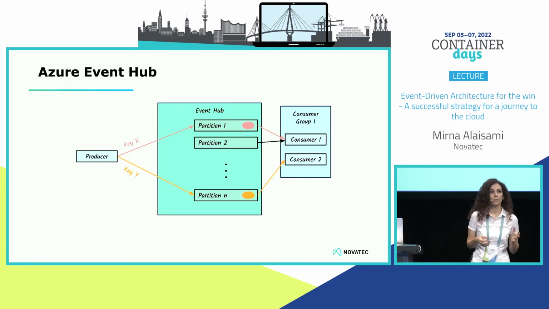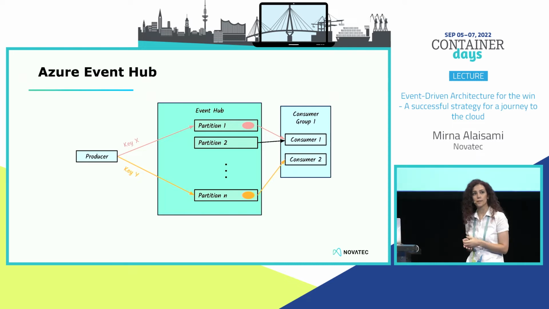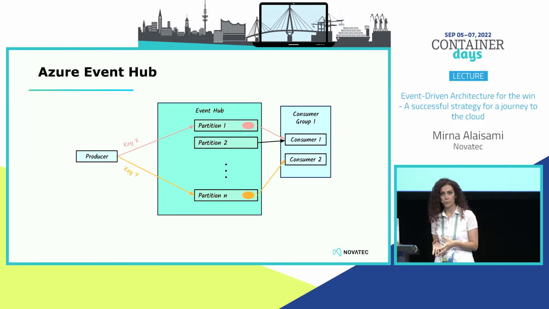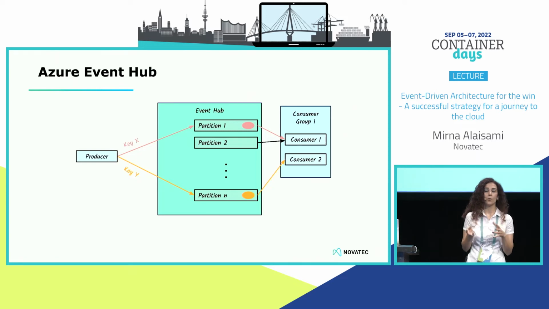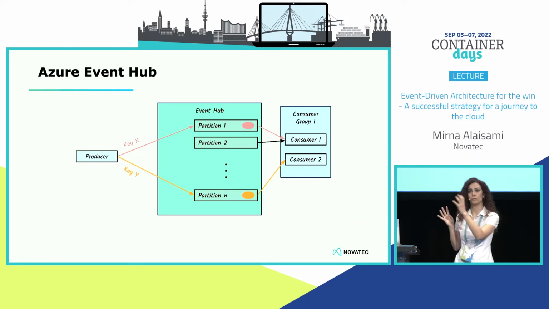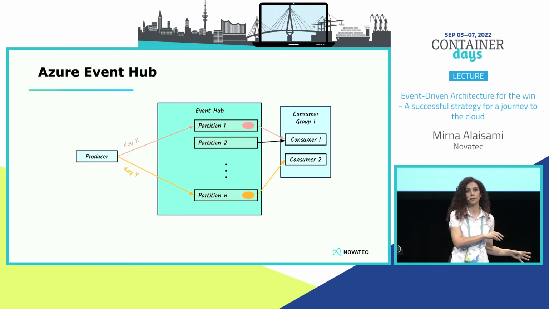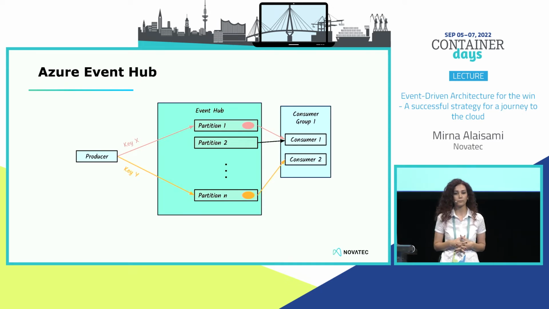And we have the possibility to group those related consumers in the so-called consumer group, which will have its own view of the event hub. So it can process and receive the events at its own pace. So we can, for example, have different consumer groups for our different applications, making sure that they can process the events at their own pace.